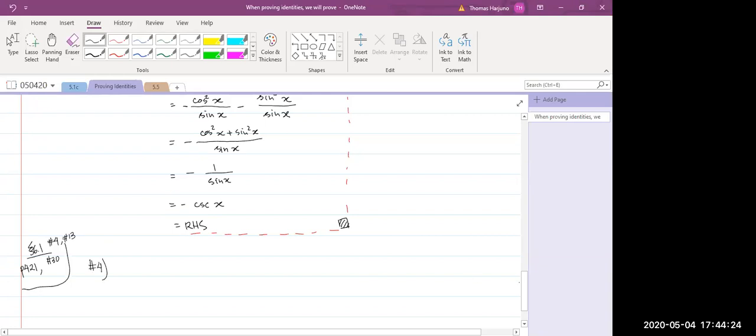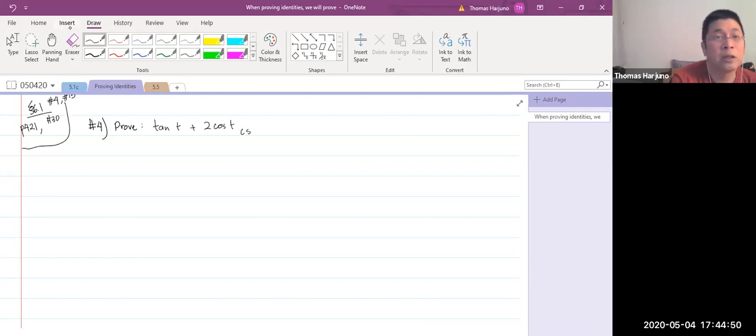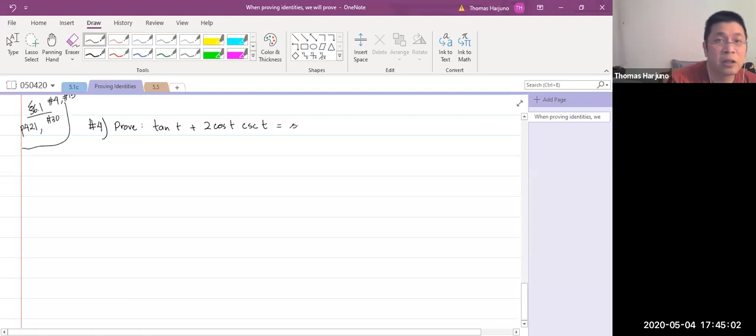Number 4, we have proof: tangent t plus 2 cosine t cosecant t equals secant t cosecant t plus cotangent t.